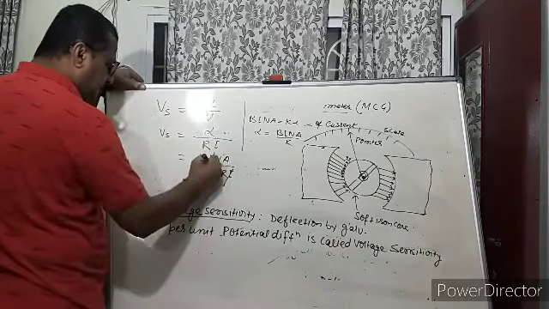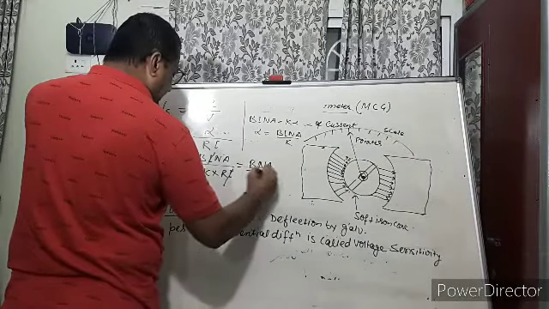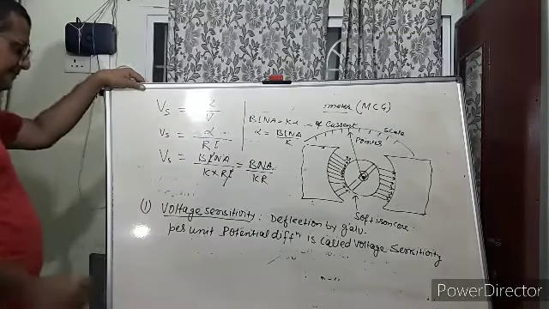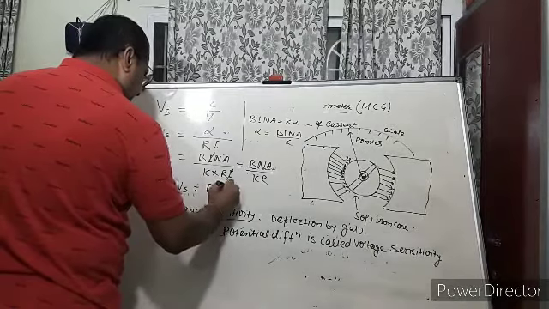I will be cancelled. So this will be equal to BNA by KR. This is the Vs.